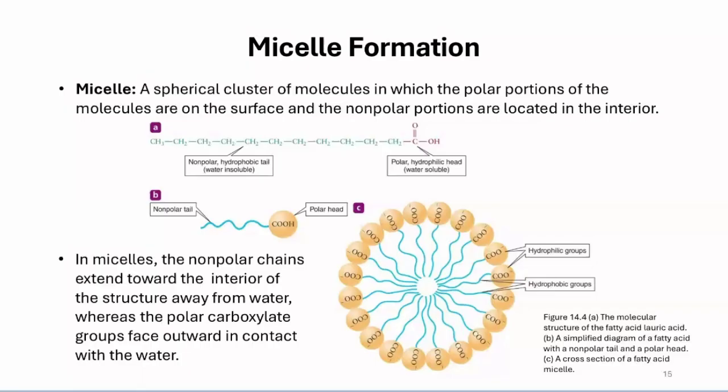We can see the structure of a micelle illustrated in part C of figure 14.4. Overall, when we look at part A and part B of figure 14.4, in part A we have the molecular structure of a fatty acid. Specifically, this is showing us the structure of lauric acid.